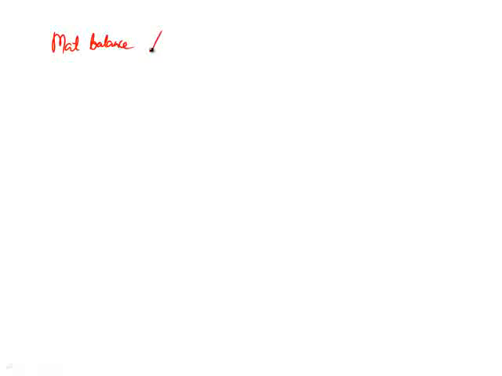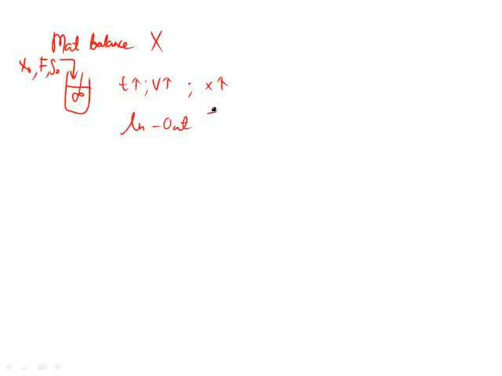Material balance for X. So we have a fed-batch reactor, we have F, we have S naught, we have X naught. As time increases, volume increases, and of course we know X increases. For the material balance of X, the rule of thumb is in minus out, plus or minus, depending on what we are talking about.